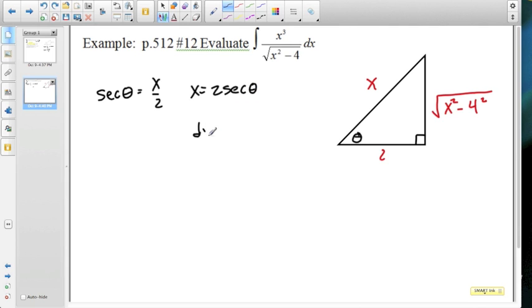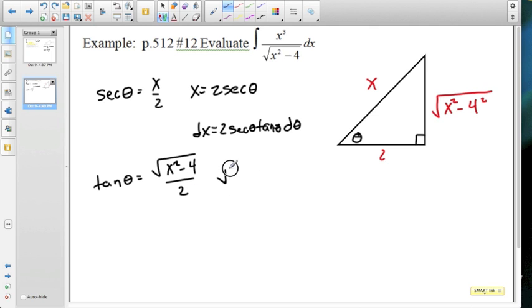And then we can go ahead and take its derivative. The derivative of secant theta is secant theta tan theta d theta. We also need an expression for the radical, so we can set up the tangent of theta, which is equal to opposite over adjacent.